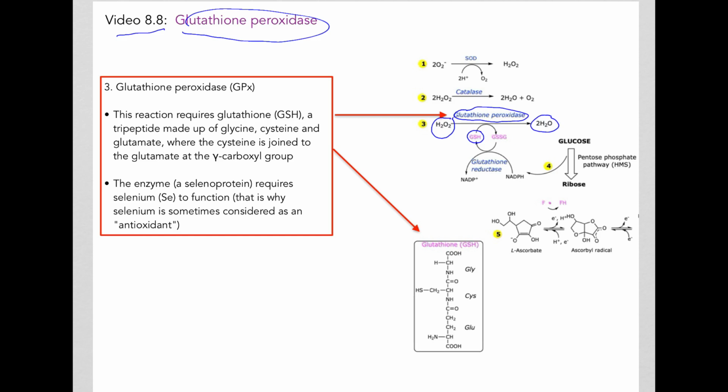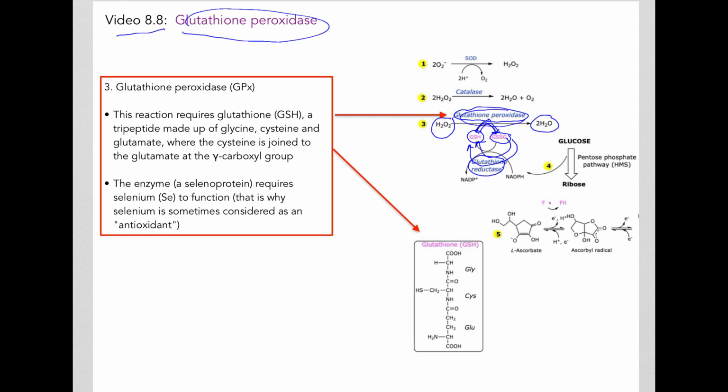The reduced glutathione becomes converted to oxidized glutathione. So to reduce the oxidized glutathione back to reduced glutathione so that this reaction can keep on happening, we need another enzyme called glutathione reductase. So glutathione reductase will convert oxidized glutathione back into reduced glutathione, and this reduced glutathione can then be used by the enzyme glutathione peroxidase.